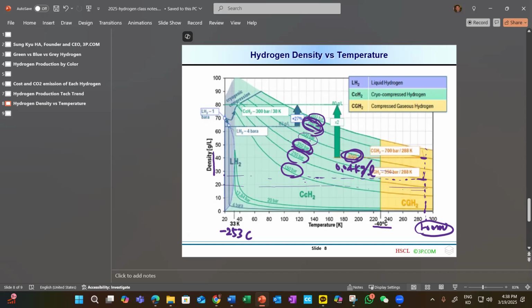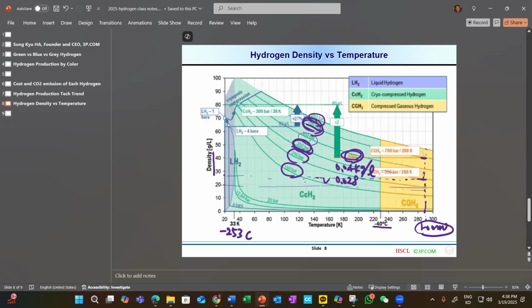I forgot the exact number, something like 0.028, I'm not sure, we need to double check. The point is that even though the pressure is reduced by half, the density is not.